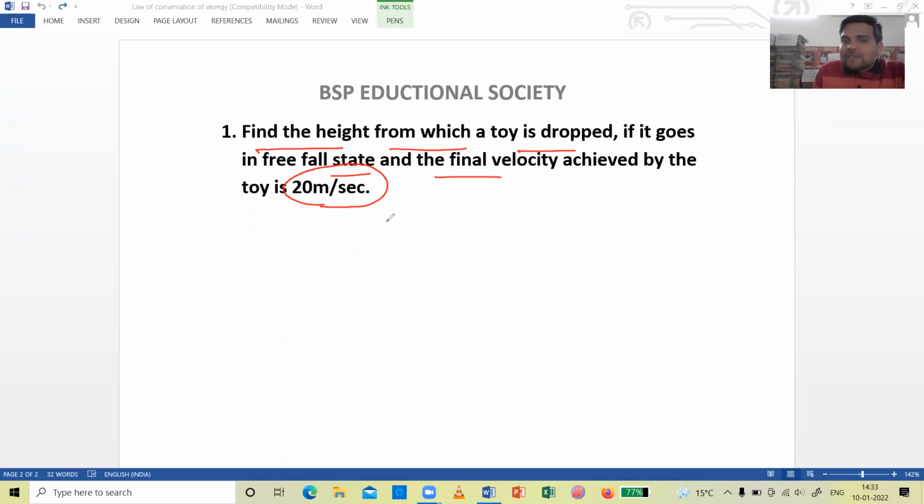So how will you solve this? The energy is transformed from one state to another. At a height, the energy will be in the form of potential energy, which I am representing by U. When it starts falling from that height, that energy is transformed into kinetic energy.